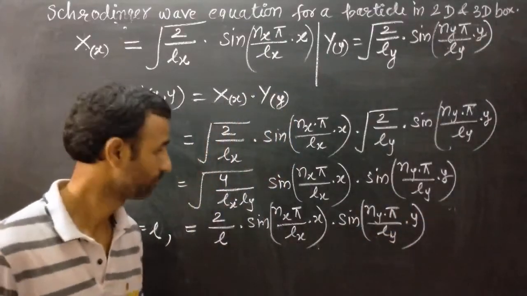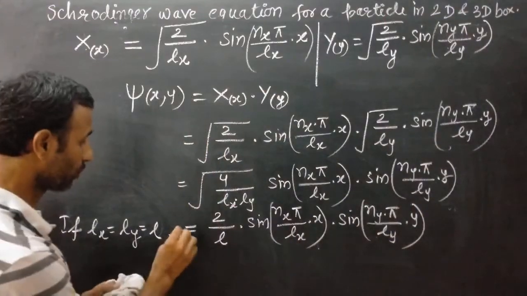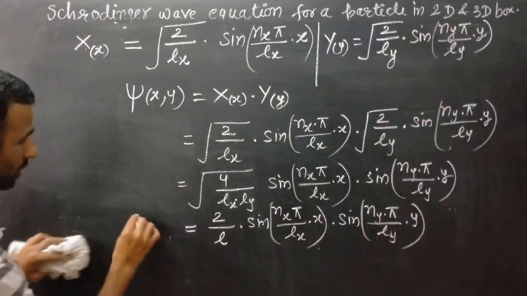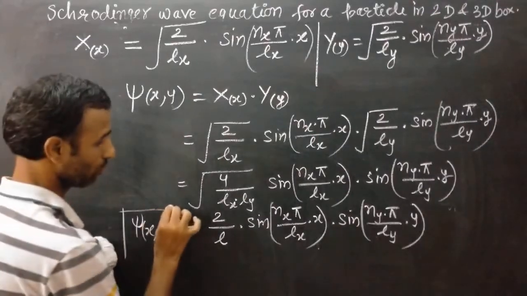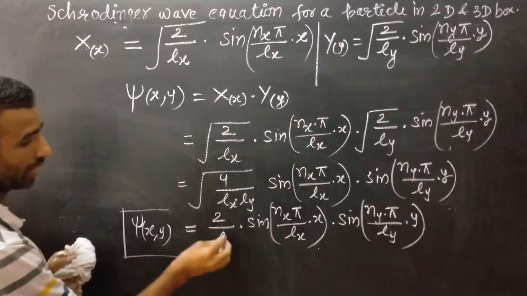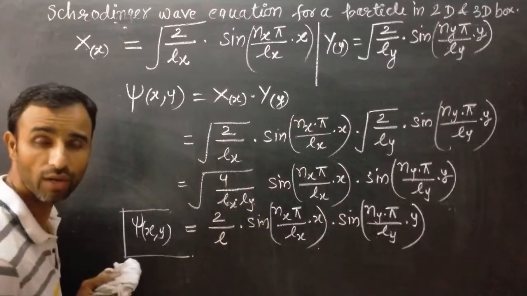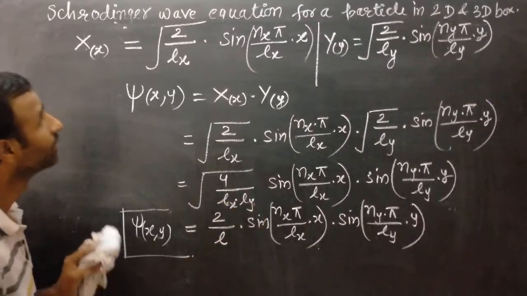Right? After getting this value, this is ψ(x,y) when Lx is equal to Ly.